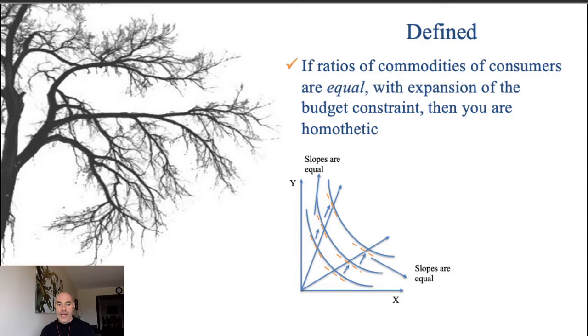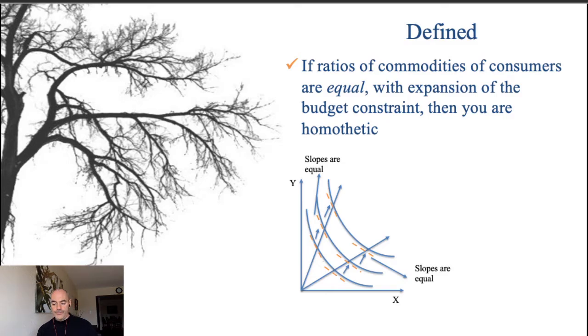If you receive a raise in your compensation, let's say by $10,000 a year, you will spend the same proportion of your budget on your housing, on your food, and on your transportation. And as your income changes, but your proportion of expenditures on each item stays the same, you have homothetic preferences. That's what it is. All right.